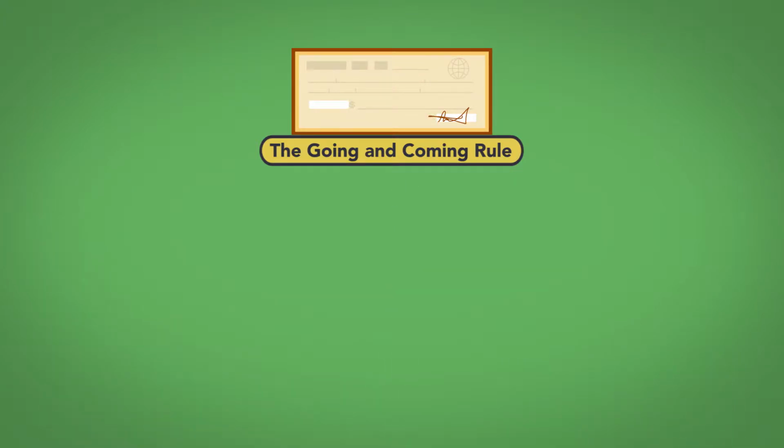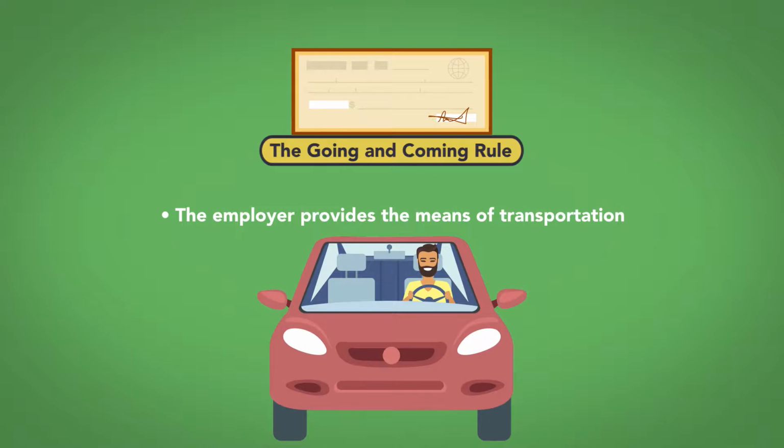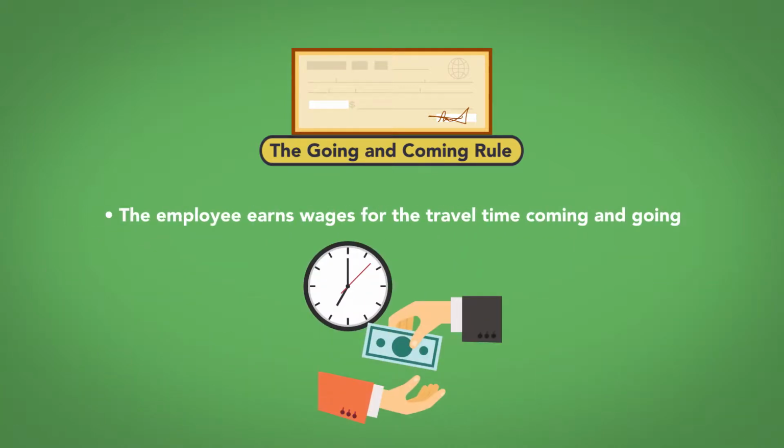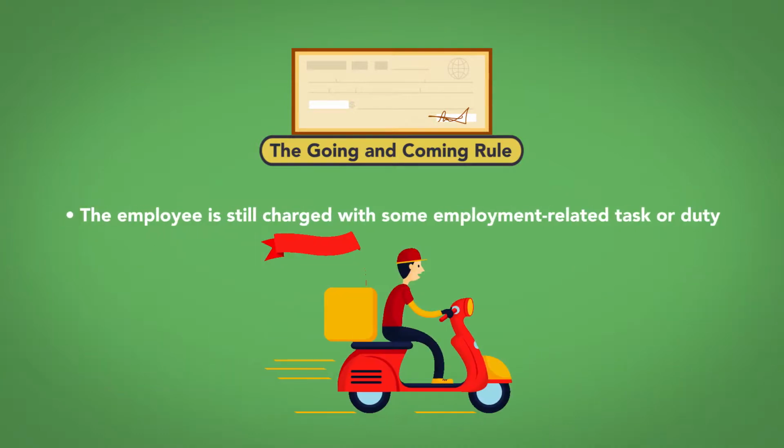These include where the employer provides the means of transportation. The employee earns wages for the travel time coming and going. The employee is still charged with some employment-related task or duty, known as the furtherance of the employer's business exception.